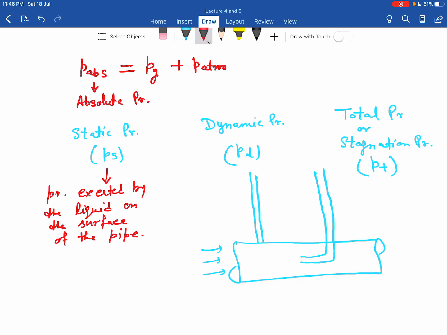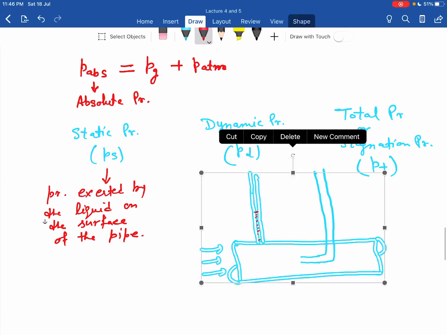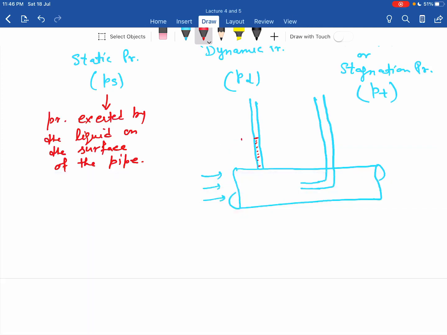When some liquid is flowing through this, the liquid rises in this tube up to a certain height, and this measurement gives us the static pressure. This static pressure is exerted on the walls when the fluid flowing through the pipe is either at rest, or moving parallel to the walls of the pipe. In both situations you will get the value of PS.